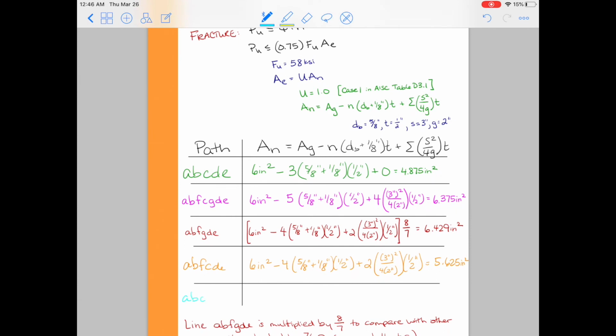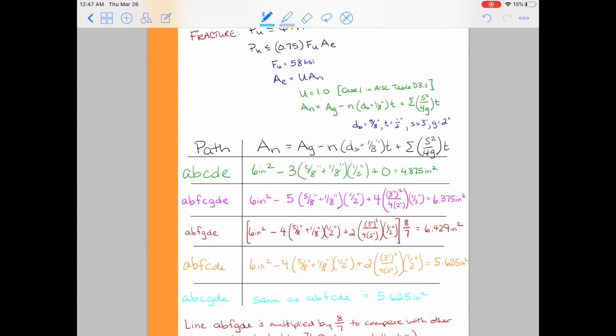Lastly, we'll look at the cyan. This is going to be ABCGDE. This has the same as the previous, so it goes through 4 bolt holes across the width of the plate, plus it goes through on 2 diagonals, so we're also going to get 5.625 inches squared.